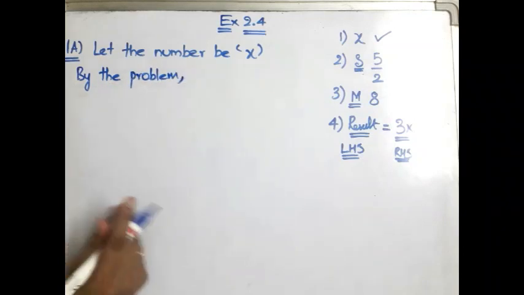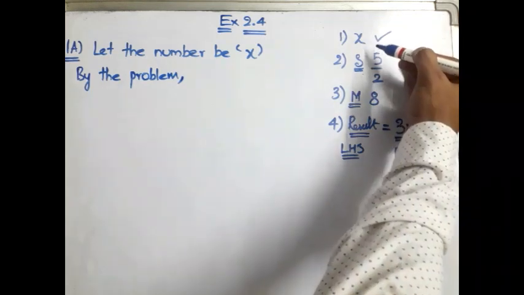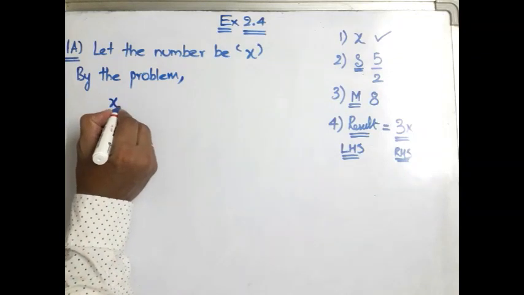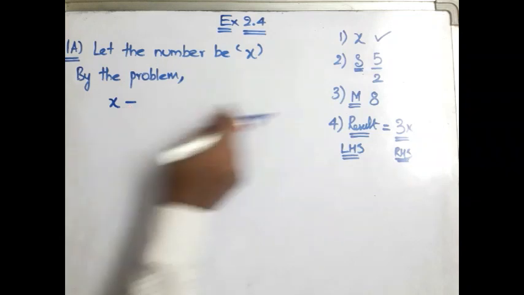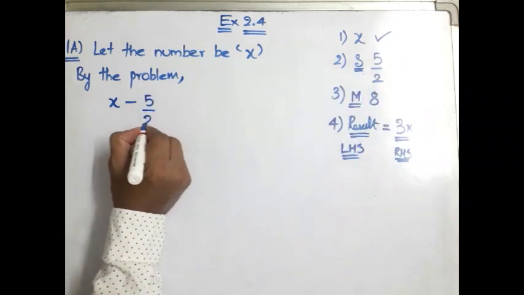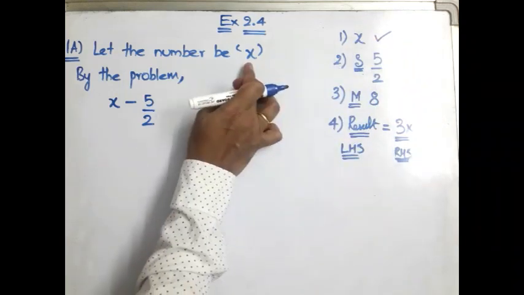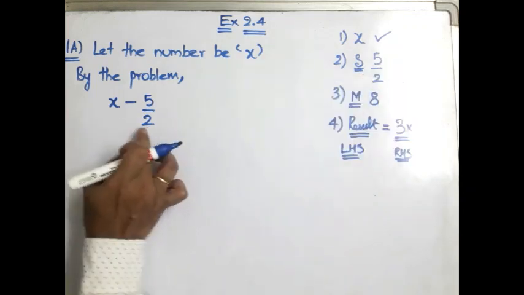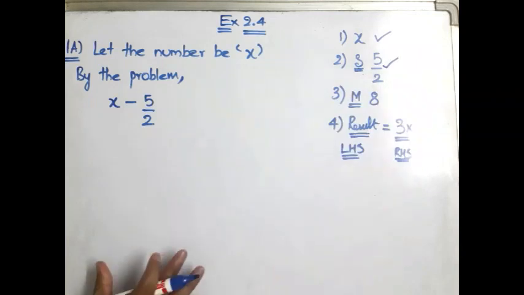According to the problem, from this x, 5 by 2 should be subtracted. So from x we subtract 5 by 2. Hope you are clear with these two steps. First we take a number, so we took it as x, and from that number we subtract 5 by 2, so x minus 5 by 2. We are done with the second step also.